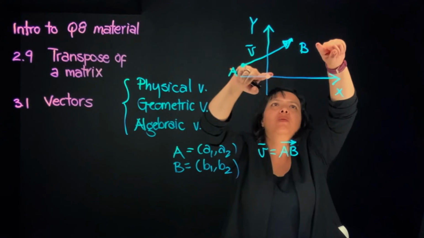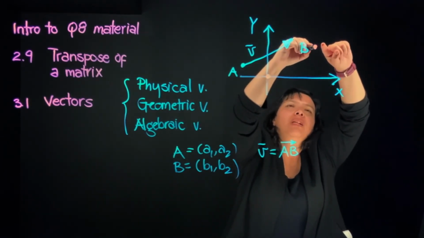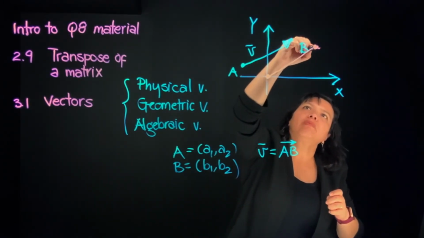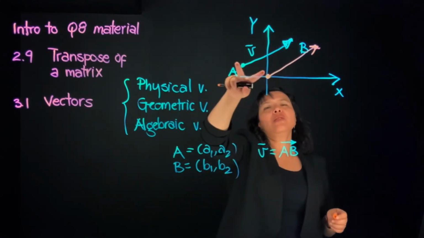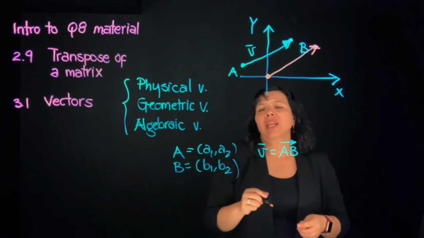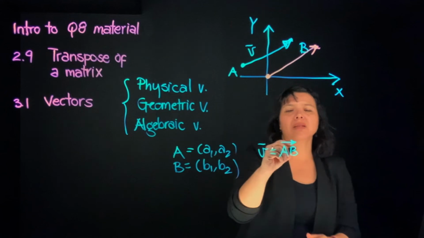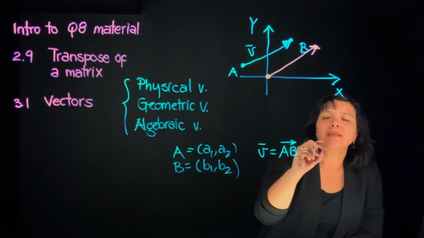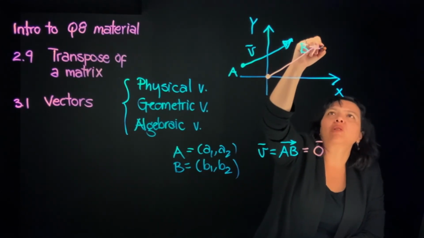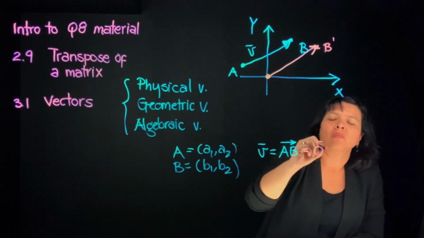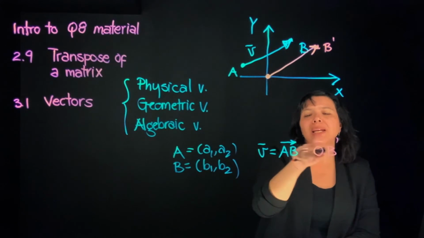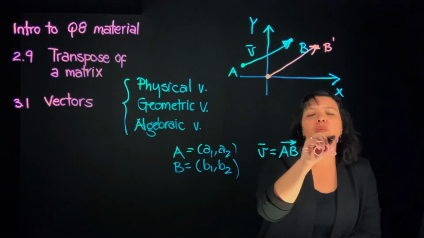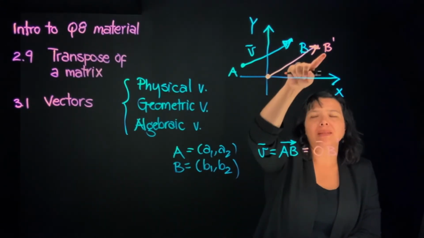So I need to copy this one into something like this. These two are going to be the same vector. The representation would be the vector that starts in the origin and ends in some other point. I'm going to call it B prime. But we don't write this notation. Instead of that, you just write what this B prime is.